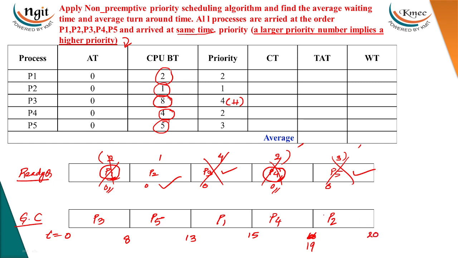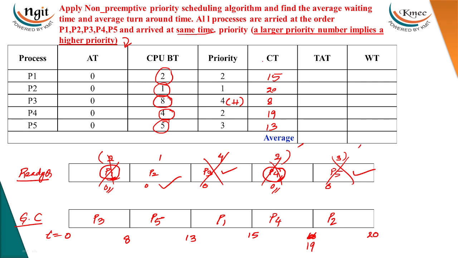Now write the completion times of each process: P1 finished at 15, P2 finished at 20, P3 finished at 8, P4 finished at 19, P5 finished at 13.